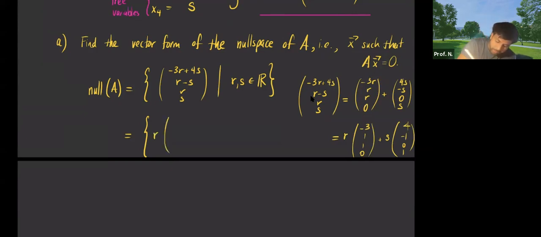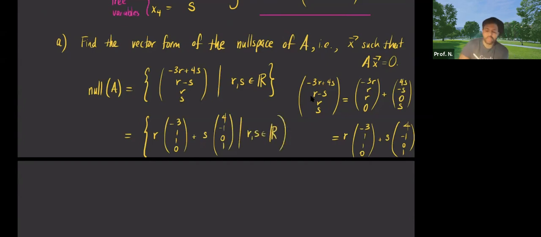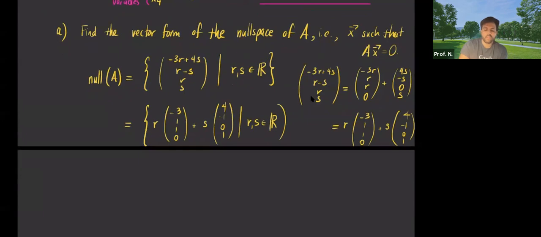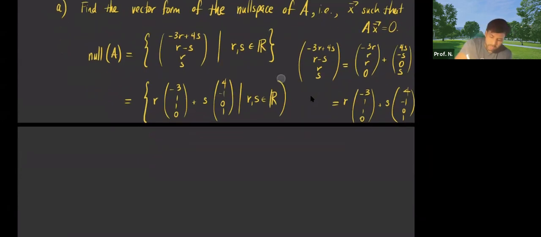R times negative 3, 1, 1, 0, plus S times 4, -1, 0, 1, such that R and S are real valued scalars. Does everybody follow this?